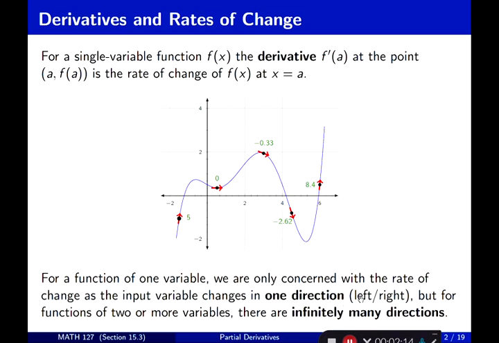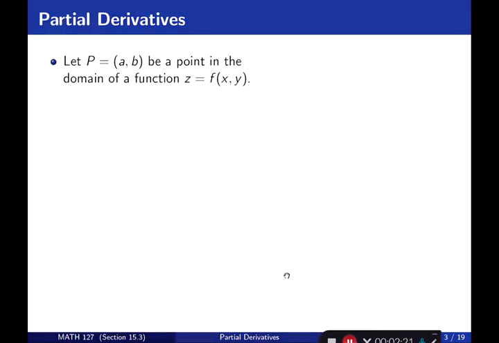One is the direction parallel to x, one is the direction parallel to y. So this whole story of finding instantaneous rate of change in the direction parallel to x or parallel to y actually starts there, and is the concept of partial derivatives.